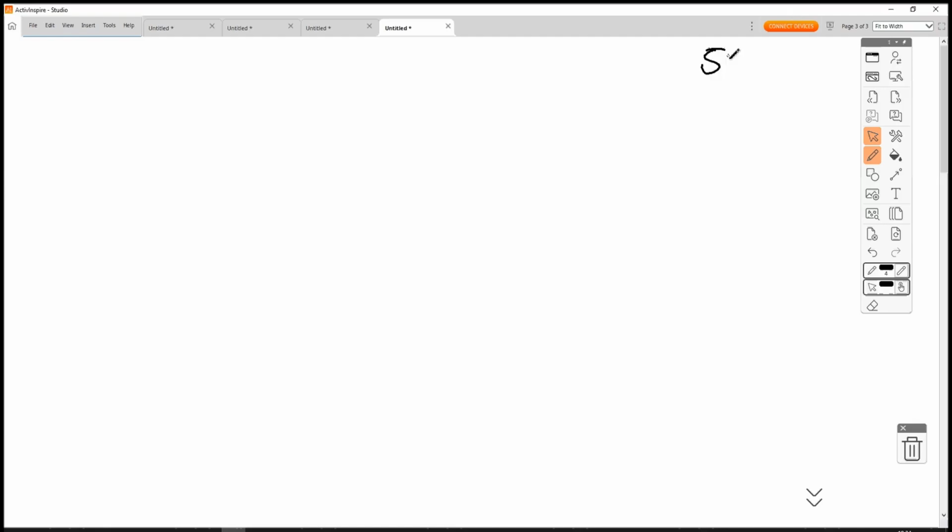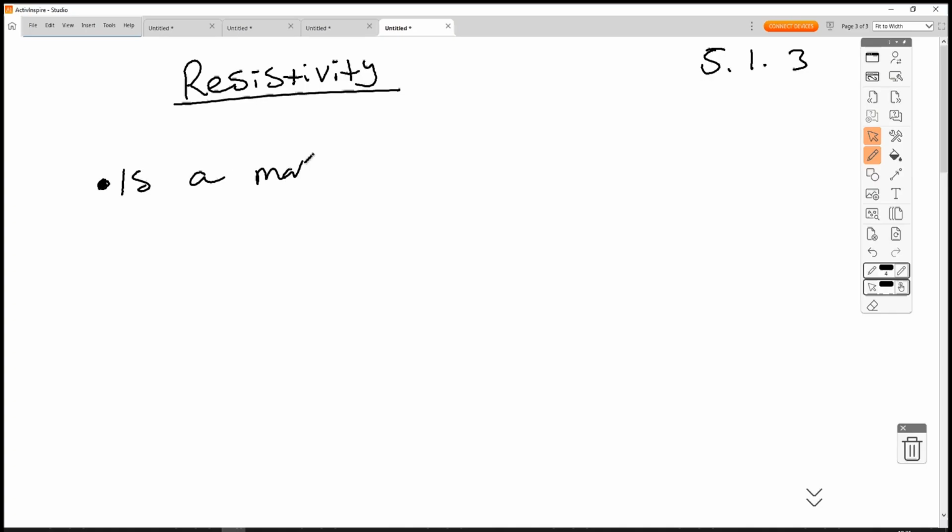This is 5.1.3, resistivity. Now, resistivity is a property of a material, so it is a material property.